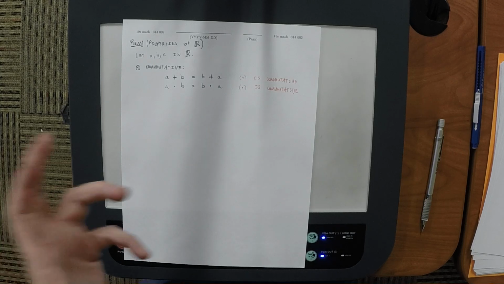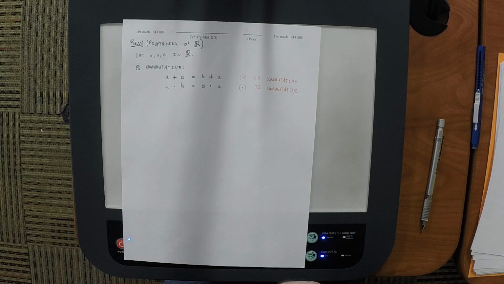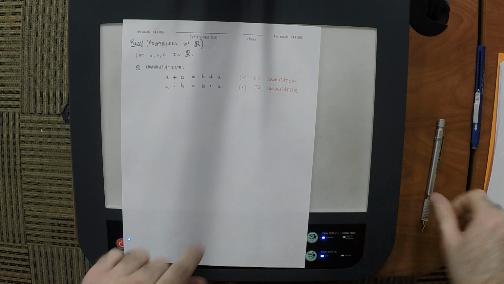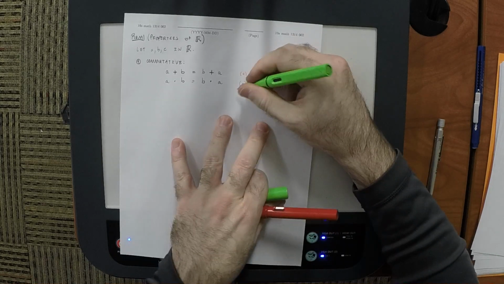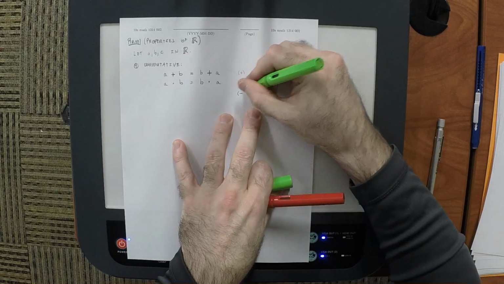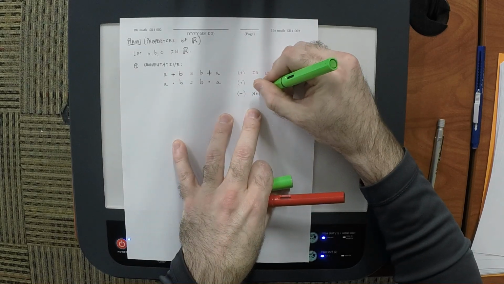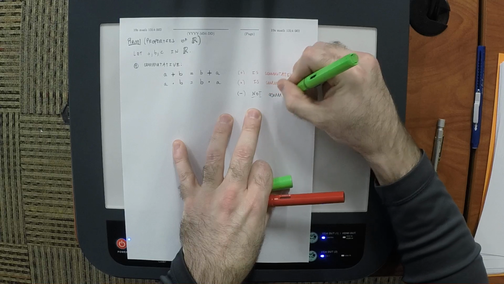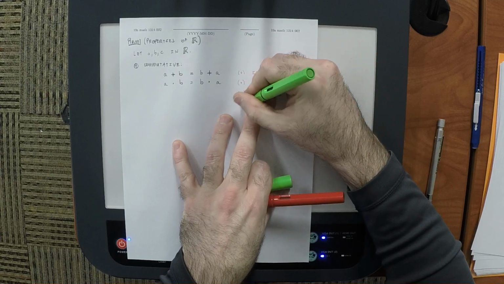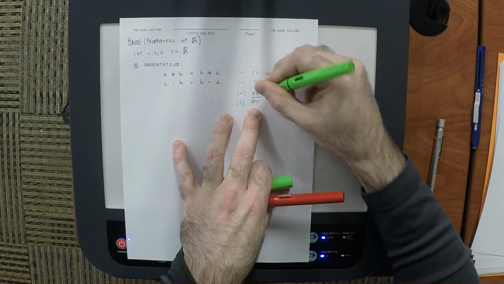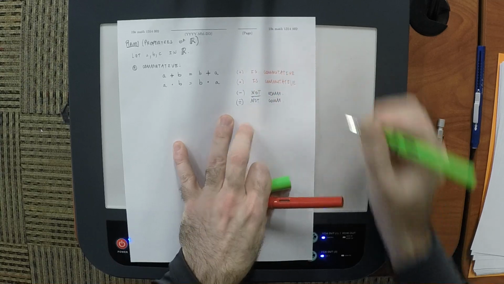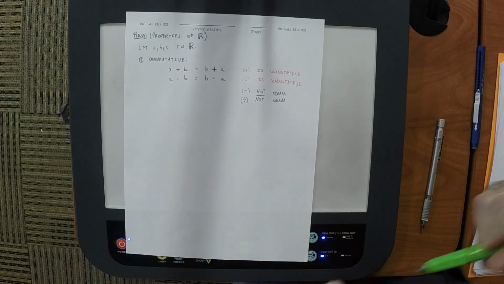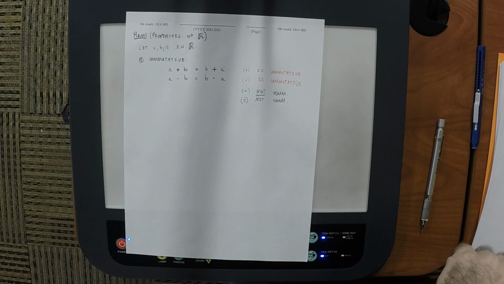No. 3 divided by 4 is 0.75, whereas 4 divided by 3 is 1 point repeating 3. Not the same. So subtraction is not commutative. Division is not commutative.